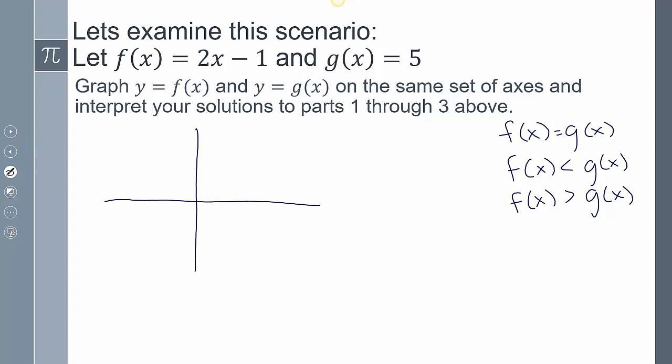my first one we said is 2x minus 1, and g of x equals 5. So there's my g of x equals 5. And then the 2x minus 1, that means it's going to start here, up 1 over 1, up 1 over 1, up 1 over 1.